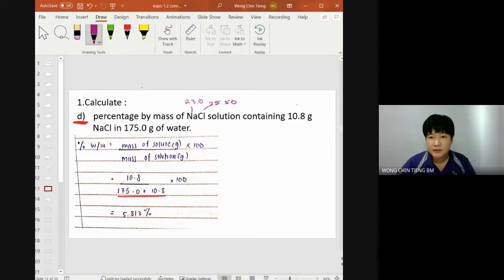Does anyone have an answer? Intan Yuni? Mole fraction of NaCl?